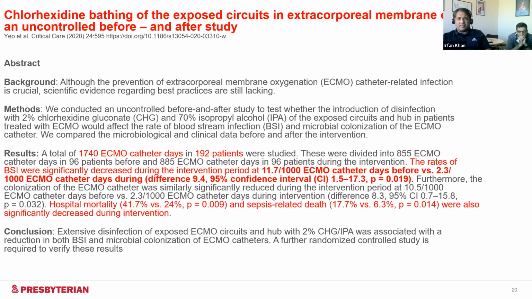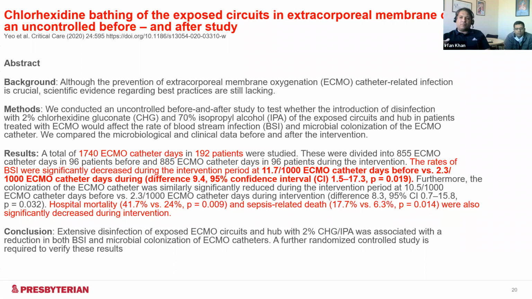So we looked at this study that came out of China, basically in 2020. What they were doing is they would bathe the ECMO circuits, including the hubs, with chlorhexidine on a daily basis. They would spend quite a significant amount of time. But what they found out was there was a benefit from doing this, not just mortality benefit, but the incidence of bloodstream infections was quite different.